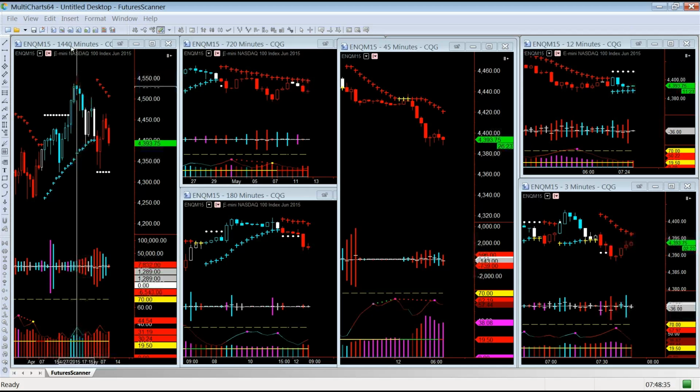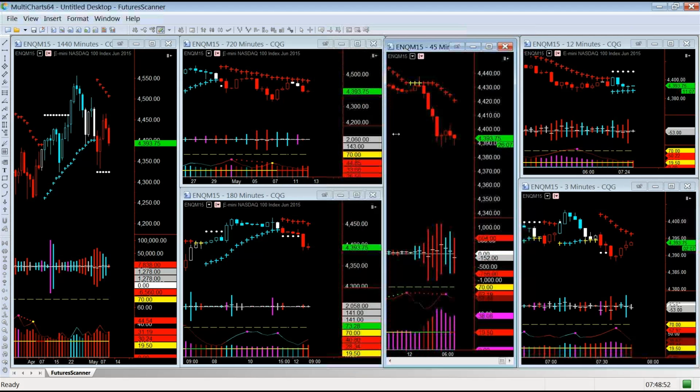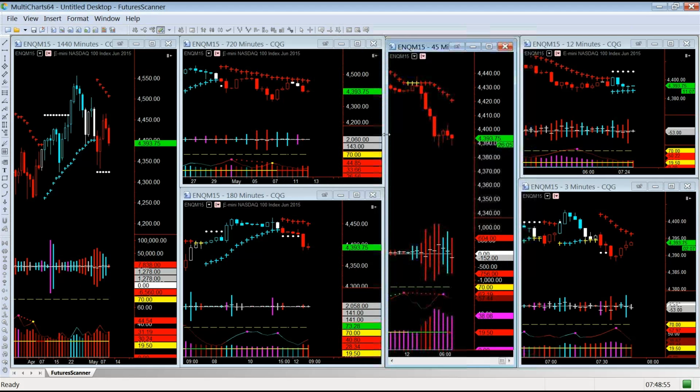All right, on the NASDAQ, we may come back and test this congestion dot. We're bouncing down off of the ATR over here on the 720 minute chart. From this low to this low, can we read that divergence right here? Can we read that divergence, guys?